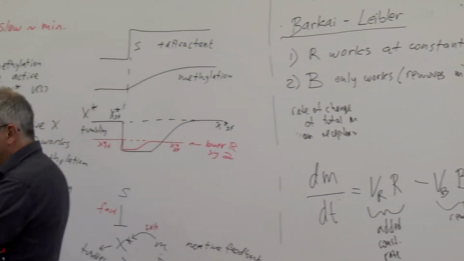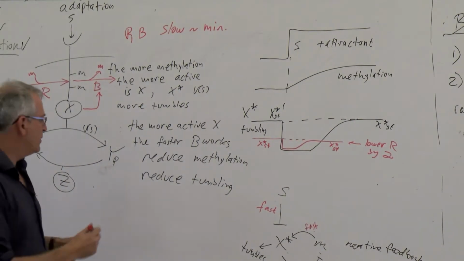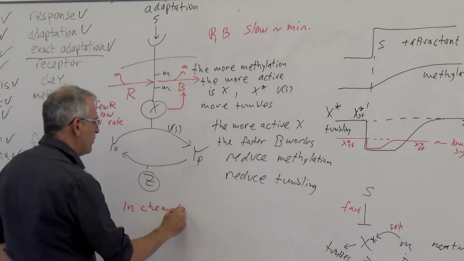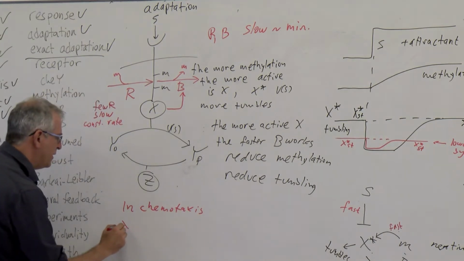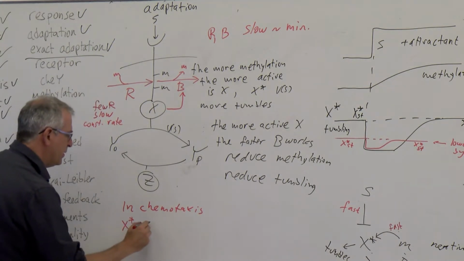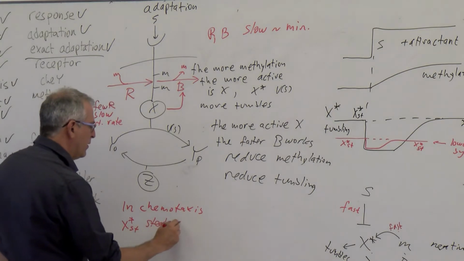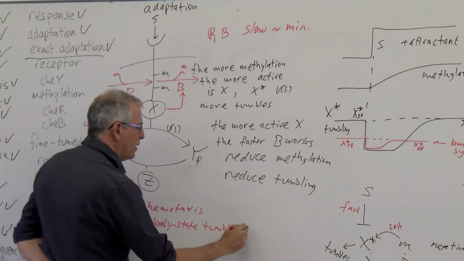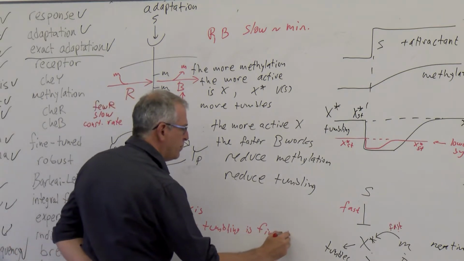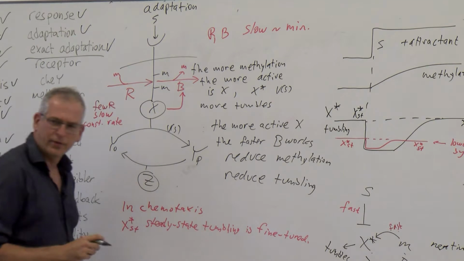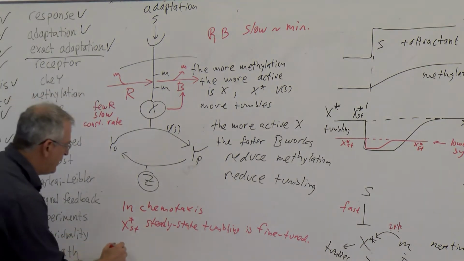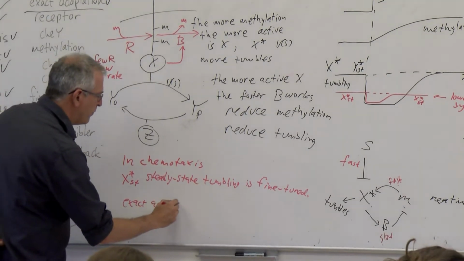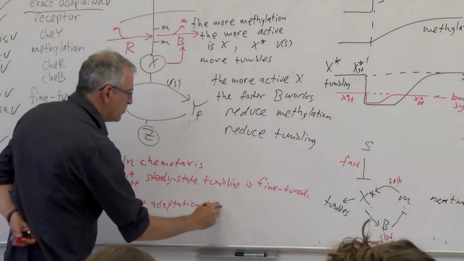Thank you. So you're right. In this circuit, if we spell it out, in chemotaxis the steady state tumbling frequency is fine-tuned. It depends on the protein levels in that particular cell. But the property of exact adaptation is robust.